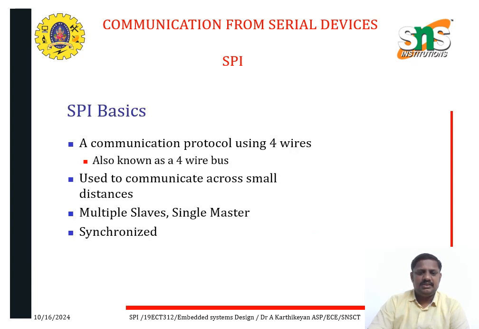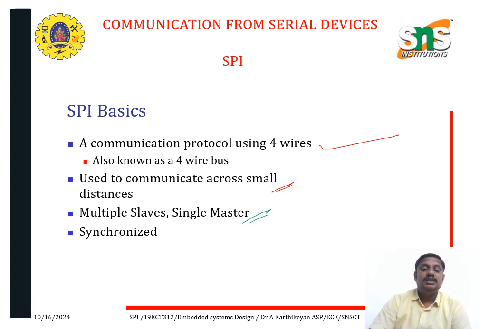The basic functions of SPI: the communication protocol mainly uses a 4-wire bus, and it communicates across small distances, a very minimum distance. We can use single or multiple slaves, using master and slave methodologies, like a hard disk.